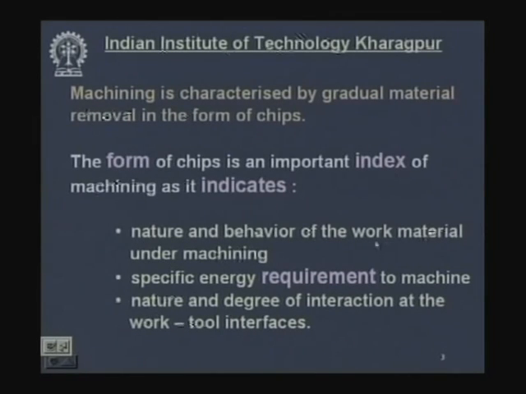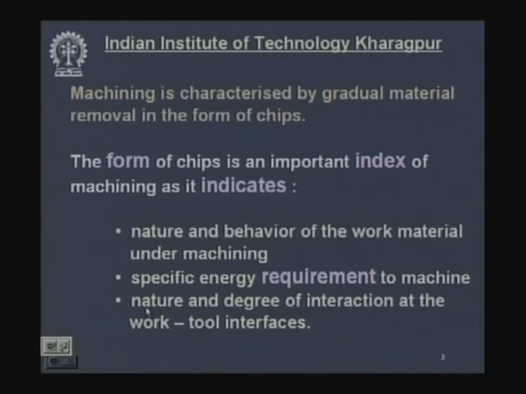So what kind of material we are machining will be understood from the chips. If we get discontinuous chips, it means the work material is behaving brittle. If the chips are continuous, the work material is behaving ductile. Now, regarding the specific energy requirement to machine, if the chips are not uniform and continuous, but rather constrained, broken and thickened, that means more energy is required to conduct the machining work, which is undesirable.